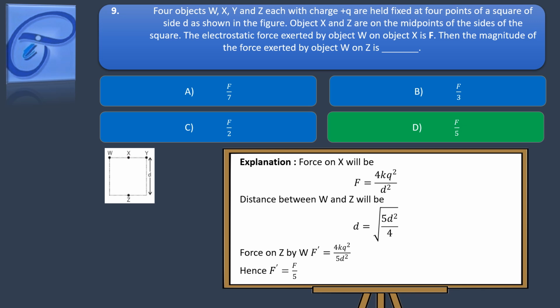This side is D, this side is D by 2. Applying Pythagoras theorem, the distance is equal to under root 5 D square by 4. Then the force on Z by W, F dash, is equal to 4kq square divided by 5D square. On comparison, F dash is equal to F by 5. So the right option is D, F by 5.